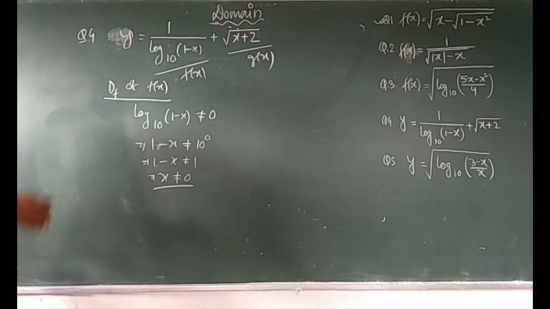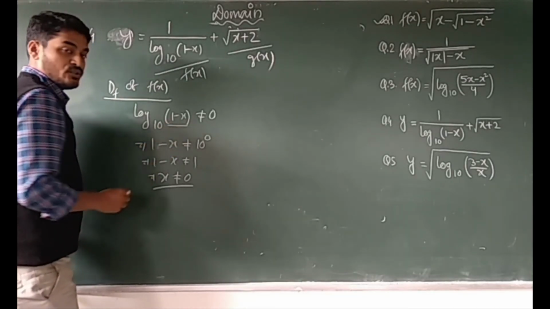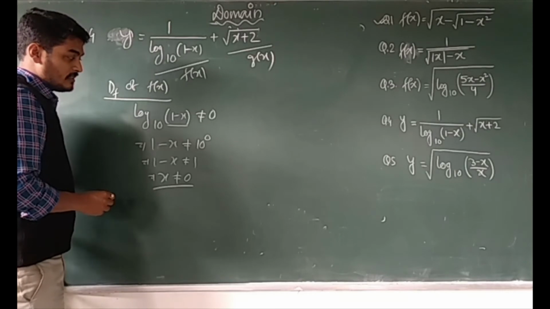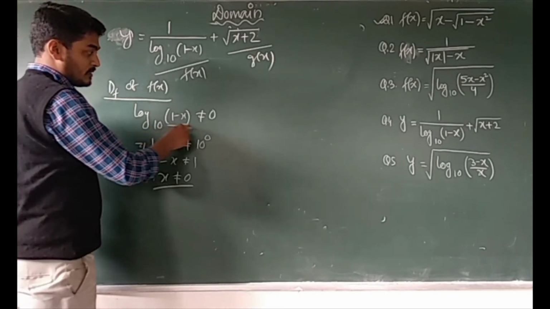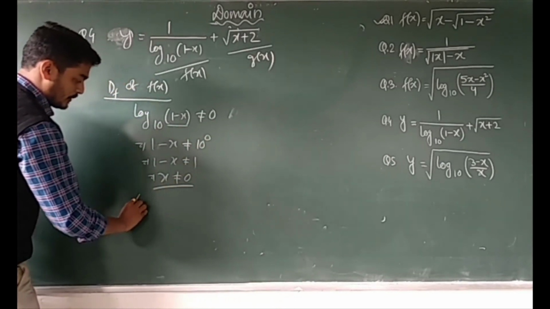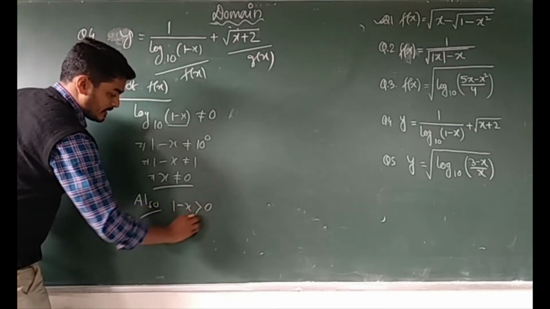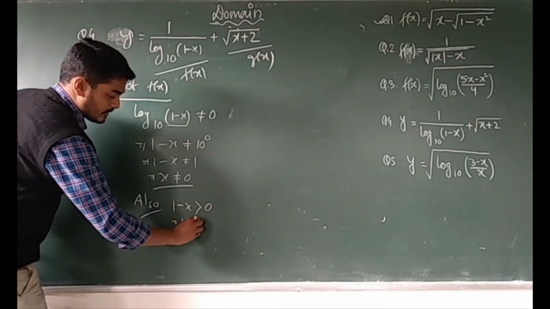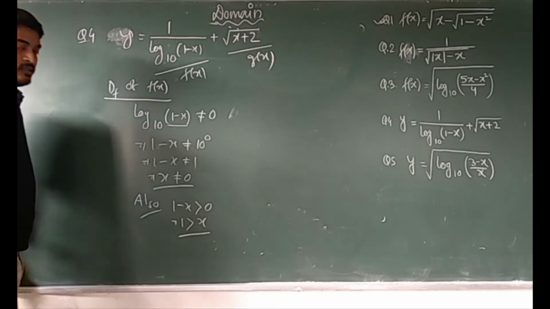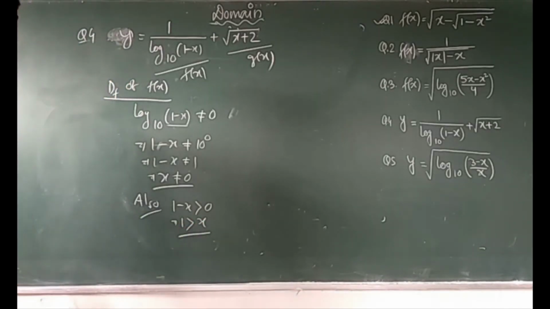Also, this expression should be strictly greater than 0, so 1 minus x should be greater than 0. This implies 1 is greater than x. So the domain of this function is x not equal to 0 and x less than 1.